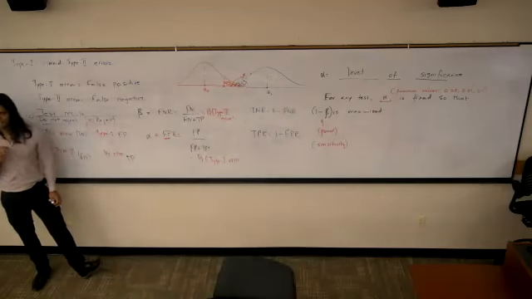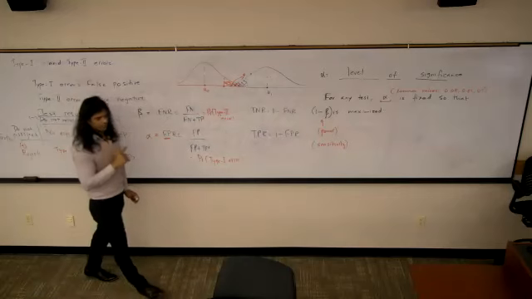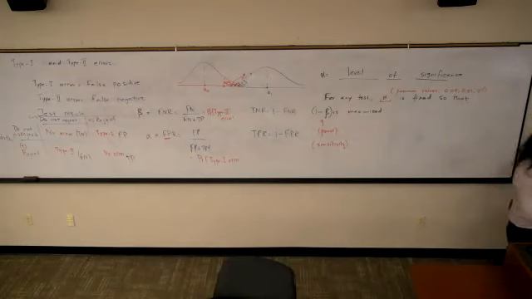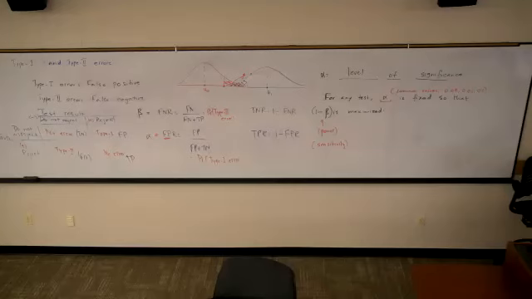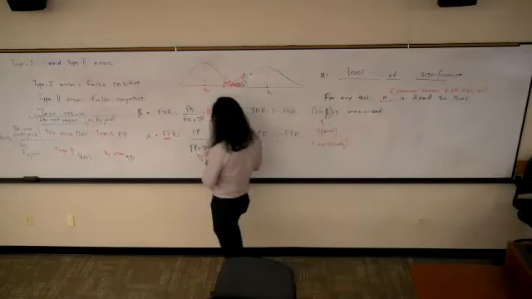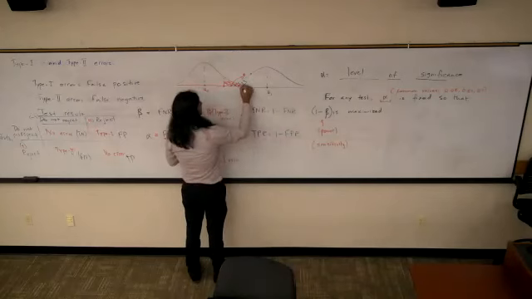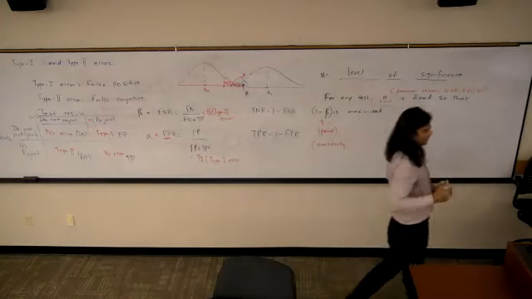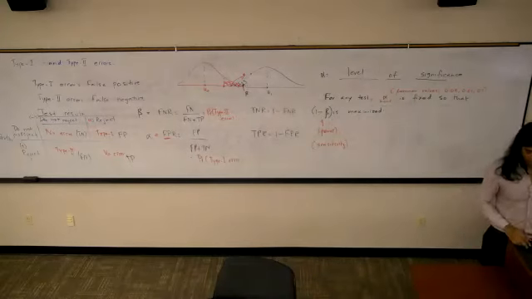The shaded area in purple, what is that? This one last time. So it is the probability of making a type 2 error. In other words, in terms of a picture, does this make sense?